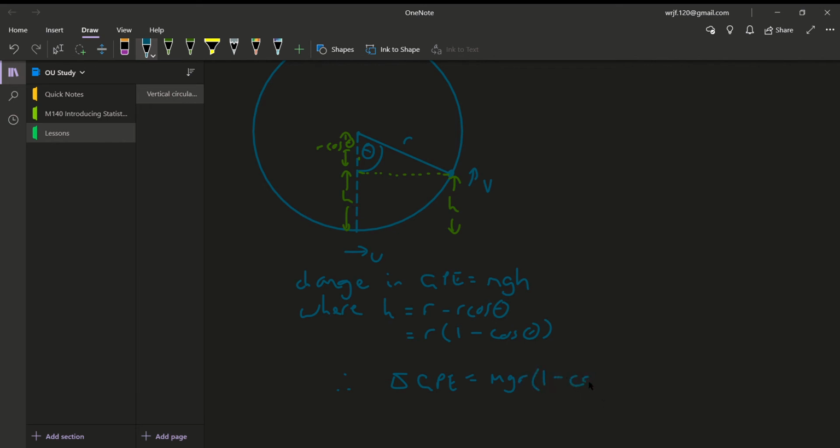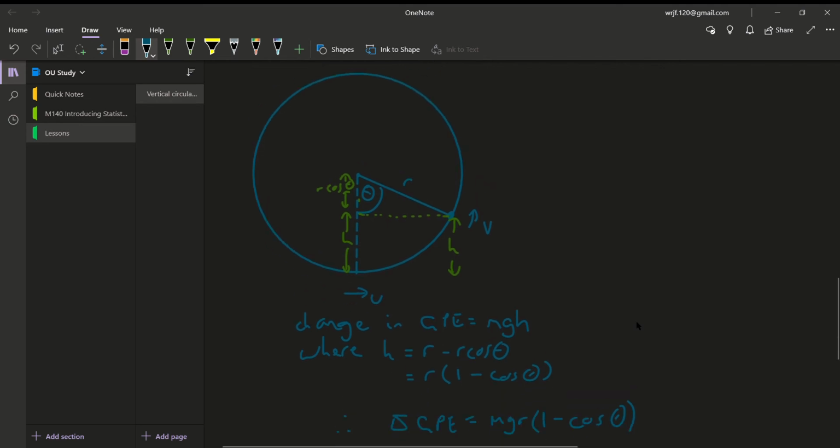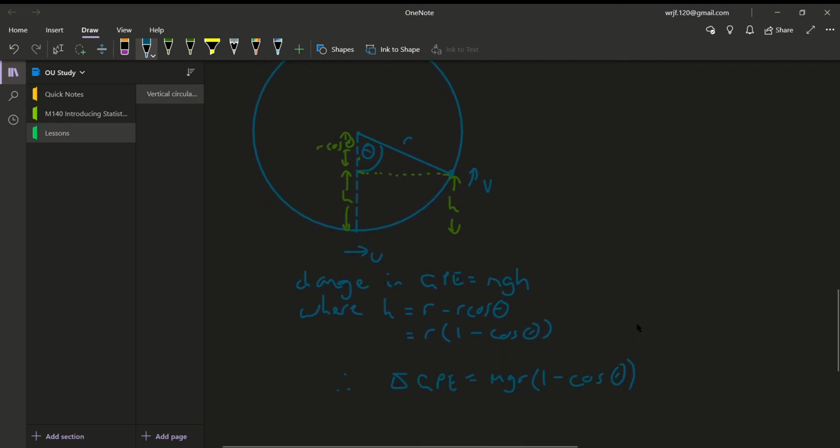Just a quick word about that. You might say, well, you've positioned this below the midpoint level of the circle, which is why we're subtracting something from r in order to calculate that.